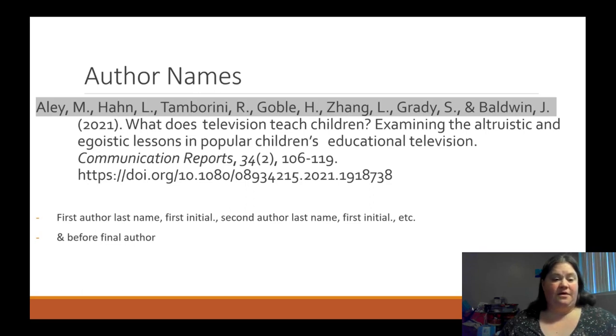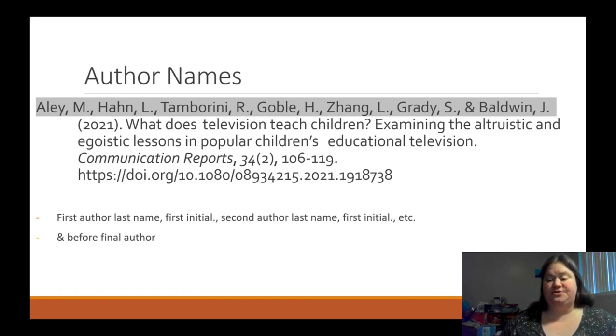So you have commas, you have last name, comma, first initial, period. If somebody is using their middle initial, it would be last name, comma, first initial, period, middle initial, period, comma. As you can see, between the last two individuals, Grady S and Baldwin J, there is the ampersand.